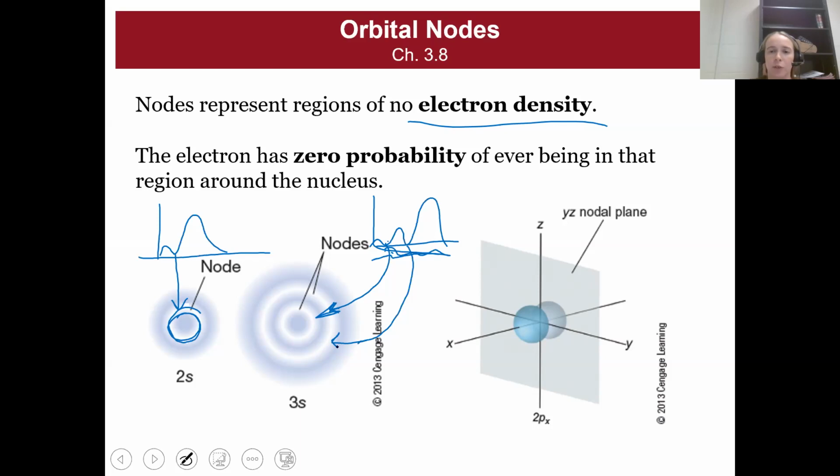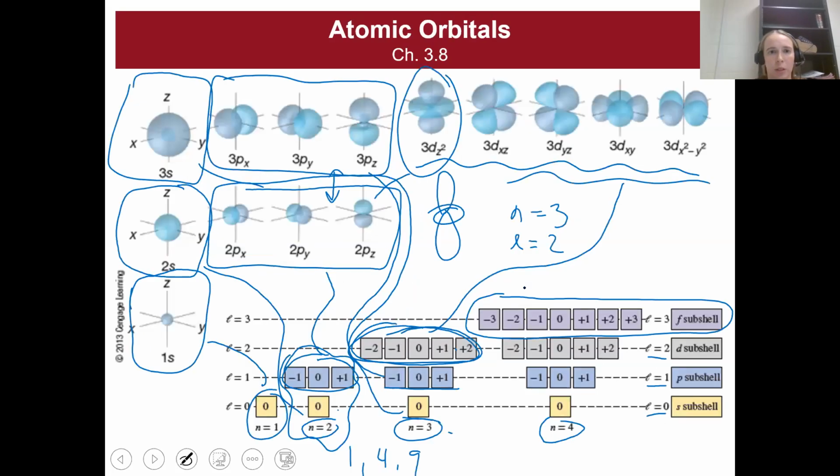We also have nodes when we look at p orbitals and d orbitals. Those are called planar nodes. So this is the nodal plane for the 2px orbital. It chops it right in half. There's a 0 probability. If you look at it on this graph, maybe it's easier to see.